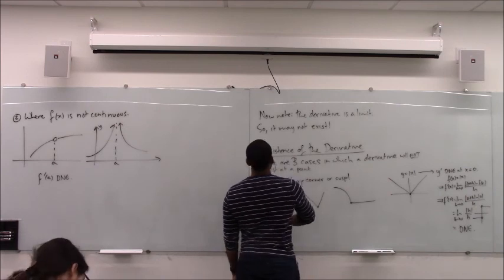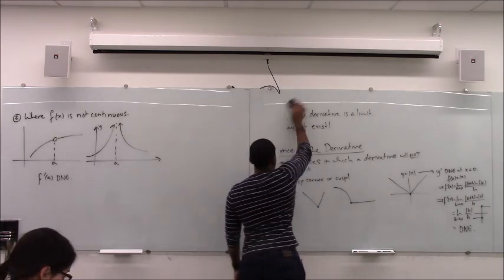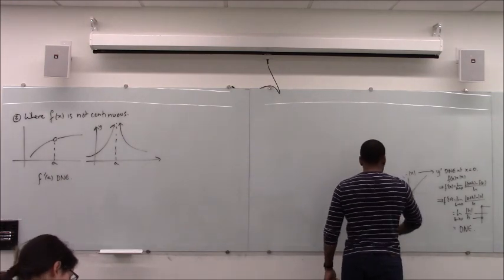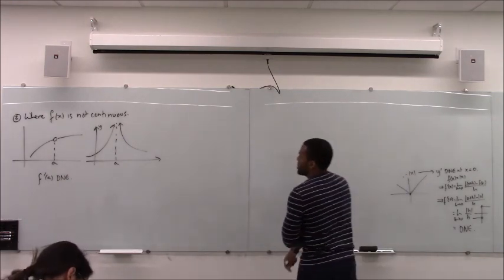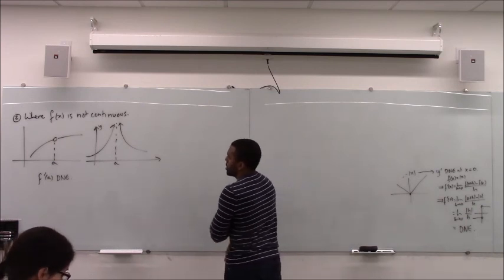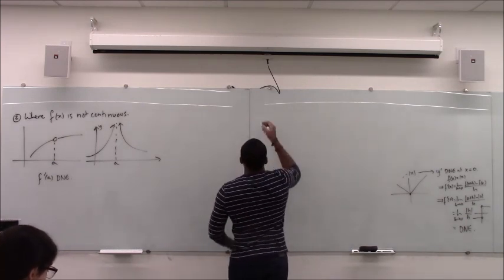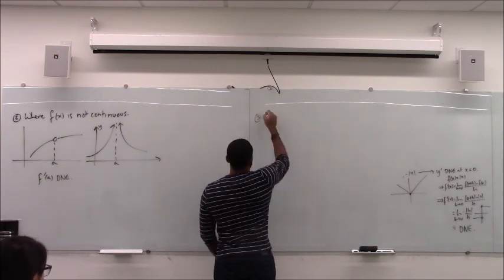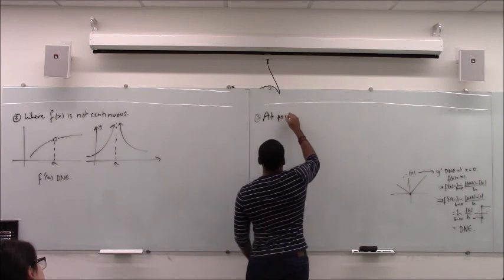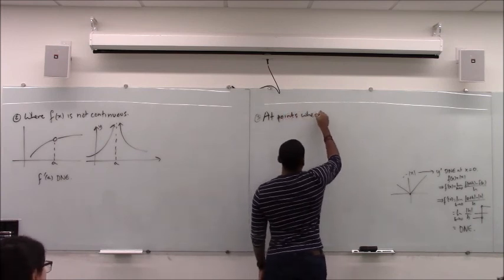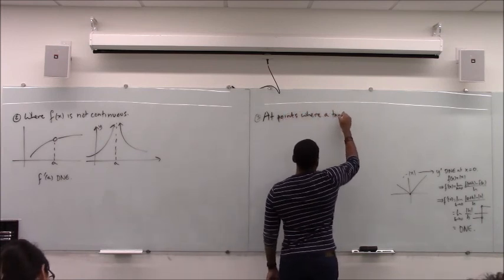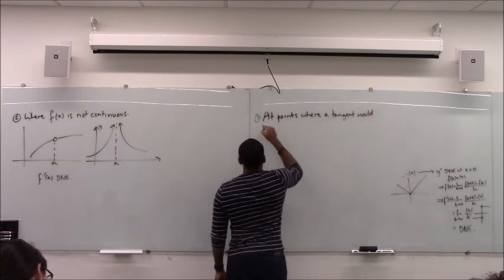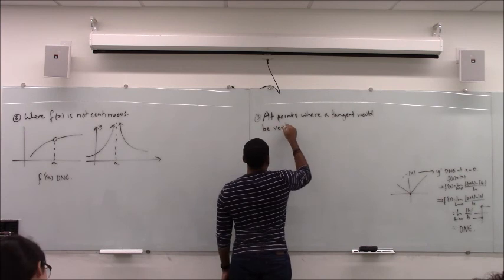A third place is at points where a tangent would be vertical.